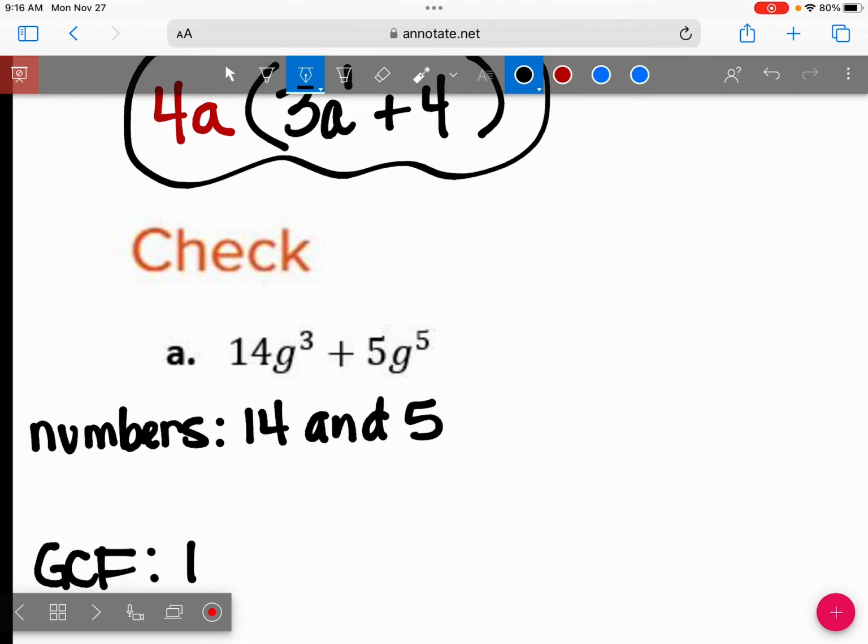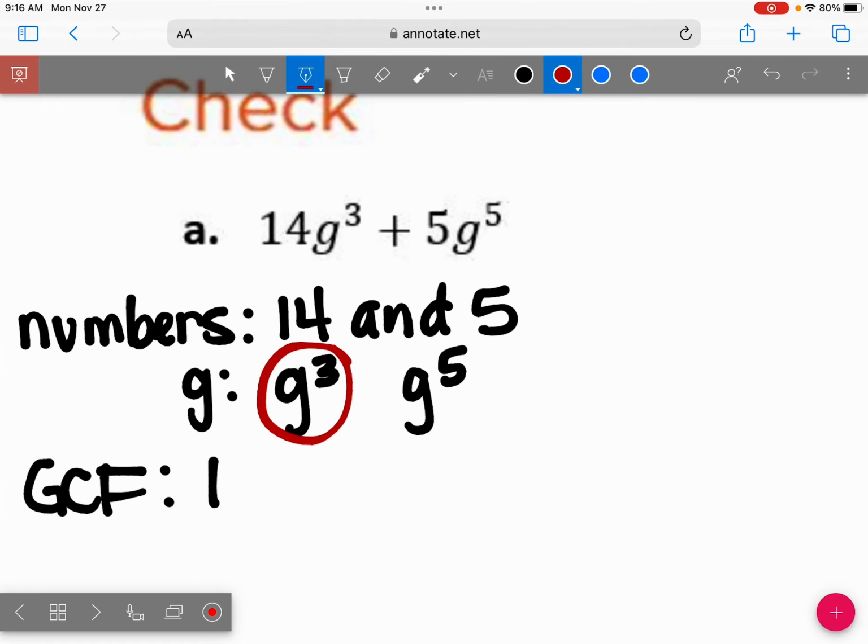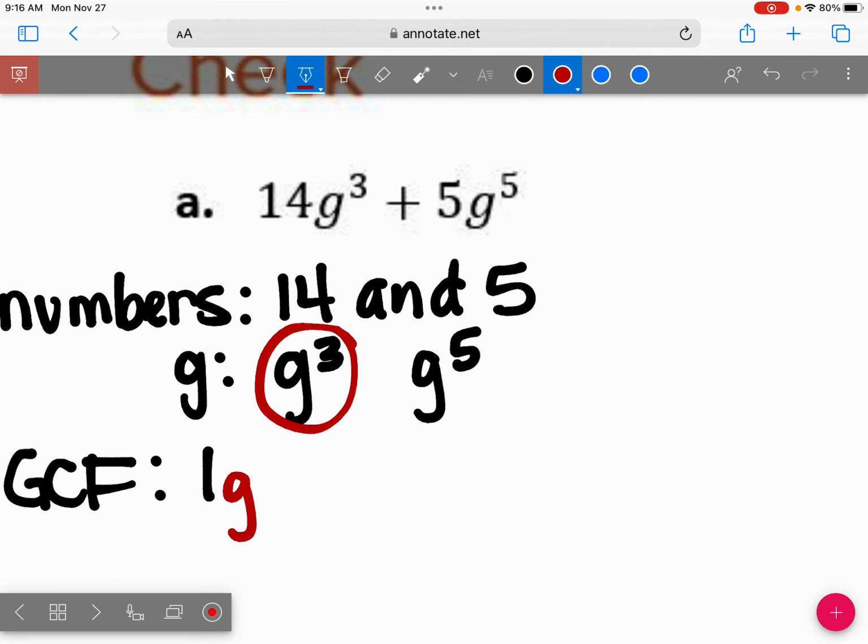And when I look at my g's, I have g to the 3rd and I have g to the 5th. Remember, you always go with the lowest g. So this is what I'm going to use. So my GCF is 1g cubed.